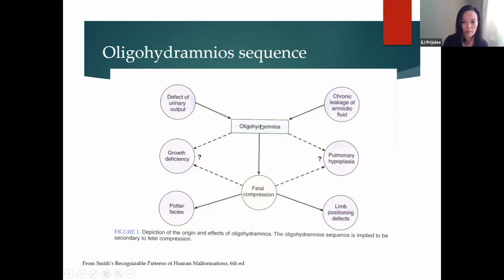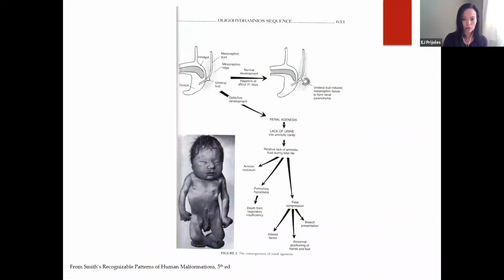But all this may result in growth deficiency, fetal compression, and pulmonary hypoplasia. And what you might see are Potter's facies in the baby or fetus, as well as limb positioning defects.